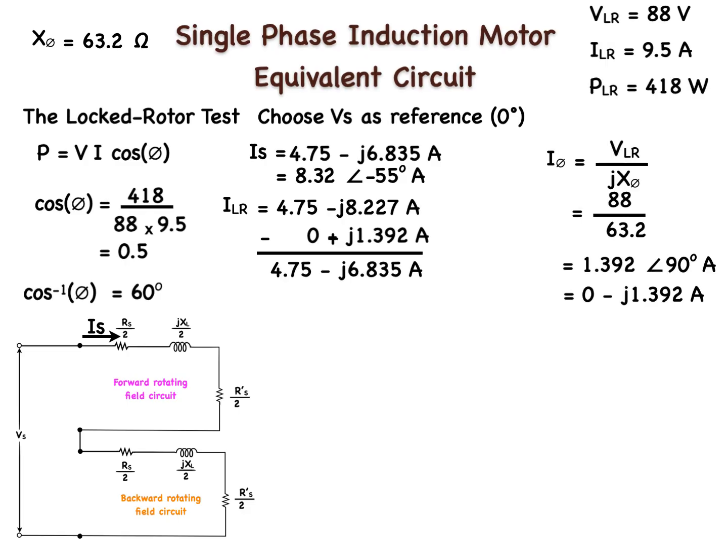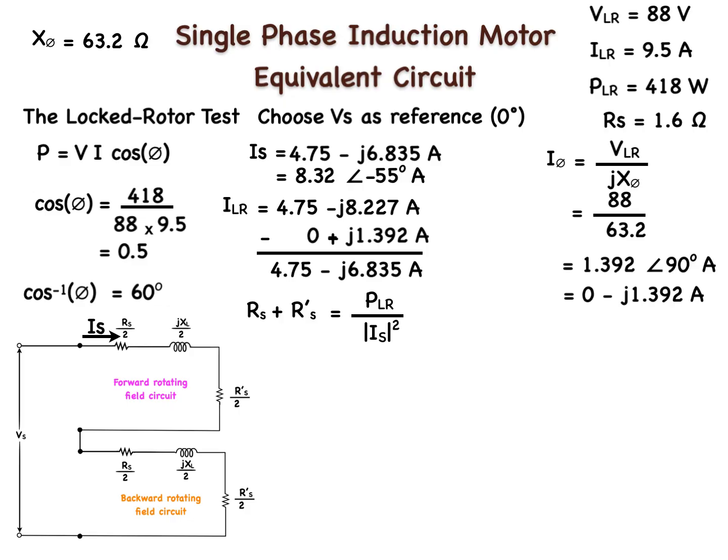As a reminder, I want to keep track of the fact that we have already measured the stator winding resistance RS of 1.6 ohms. And let's move it up here for future reference. Looking at our series circuit, we have resistance values which added together give us RS plus R'R, the sum of which can be found by the power dissipated in the locked rotor test divided by the stator current magnitude squared.